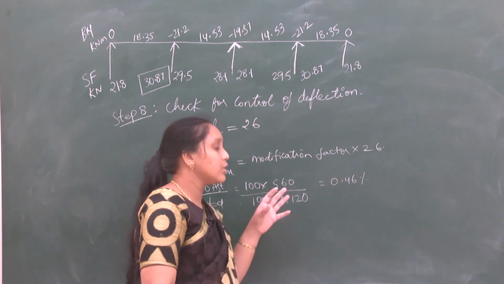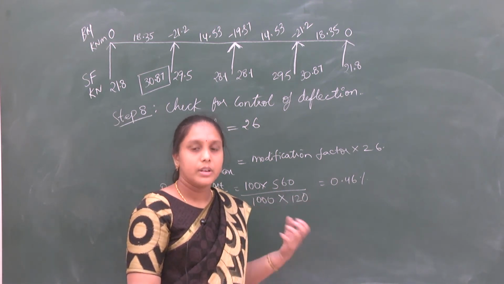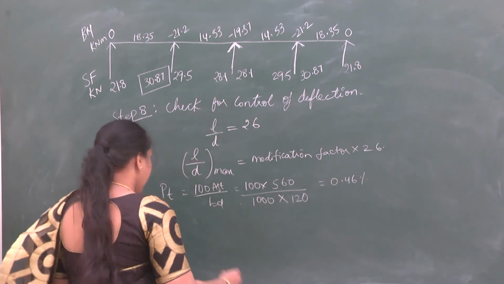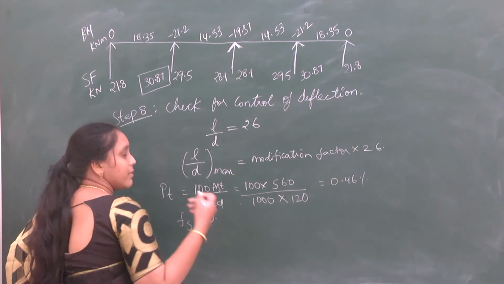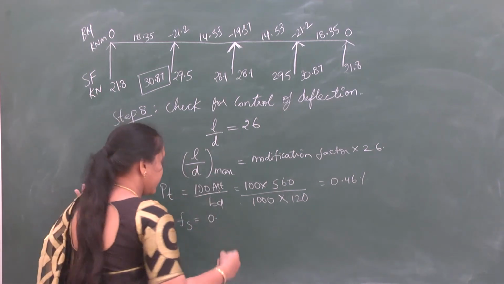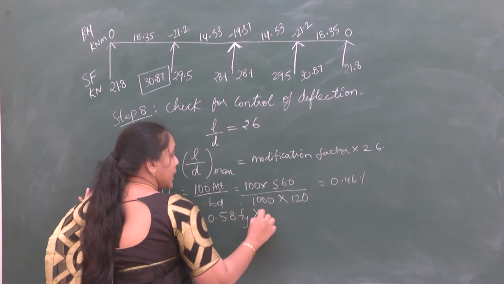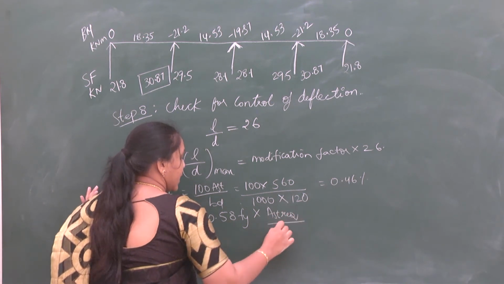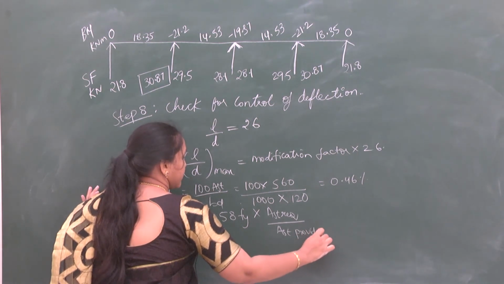So for the percentage of steel of 0.46, and for the stress level, we have to calculate Fs. So how will we calculate Fs? Fs can be calculated using the formula given below figure 4 itself, which is 0.58 into Fy into AST required divided by AST provided.